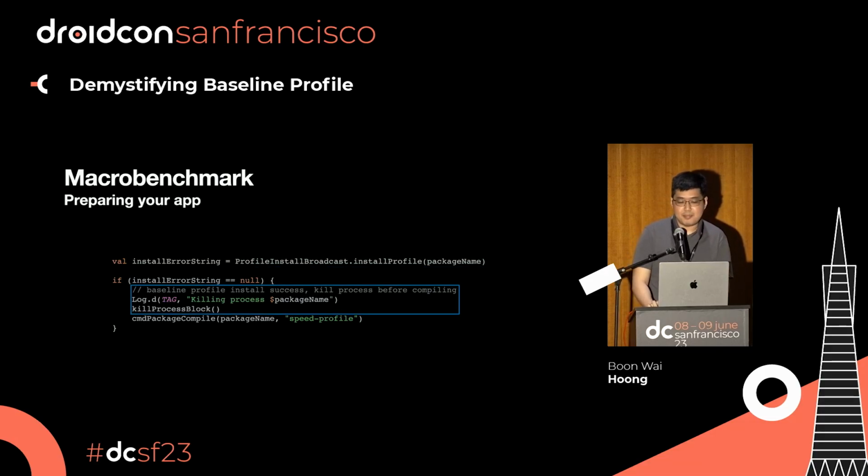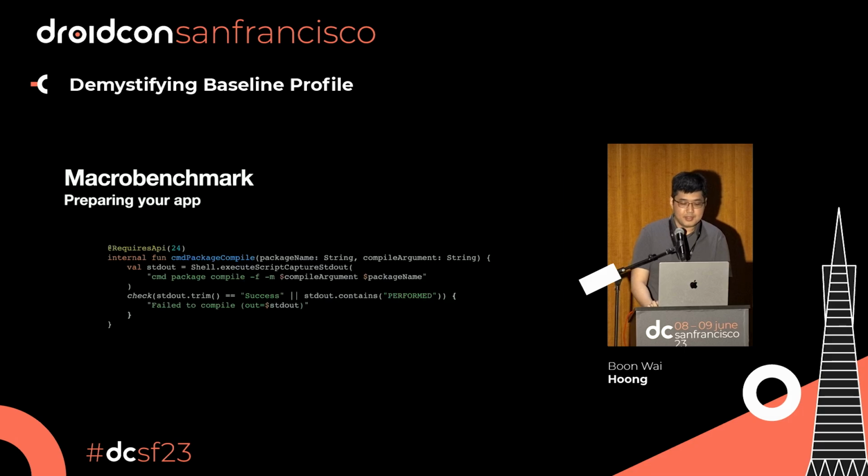So the next step, right after installing a profile, the macro benchmark kills the process of your app itself. So it will stop the app. And then the next line, it calls this specific function that we will dive into. You can see that this is command package compile, and we'd like to focus on this specific line of command.